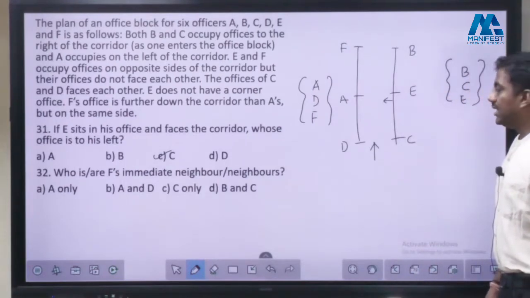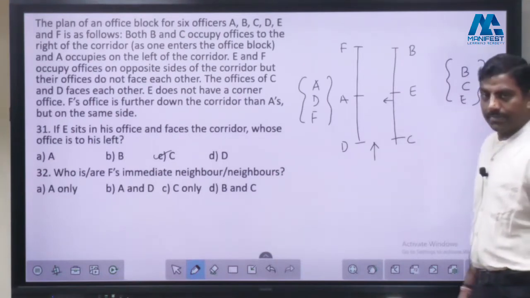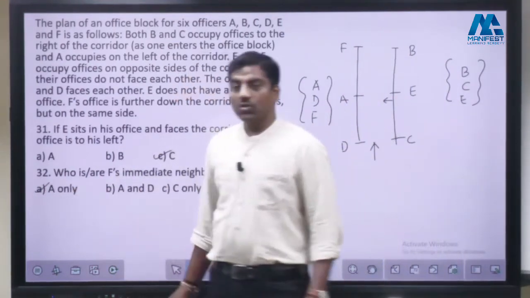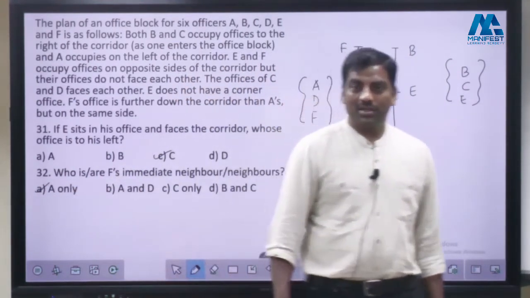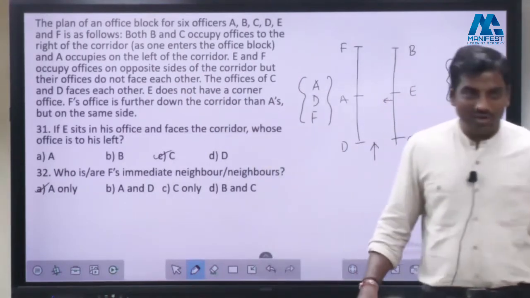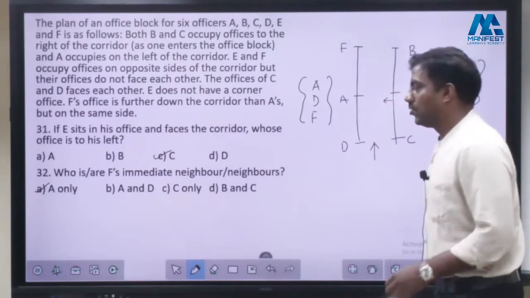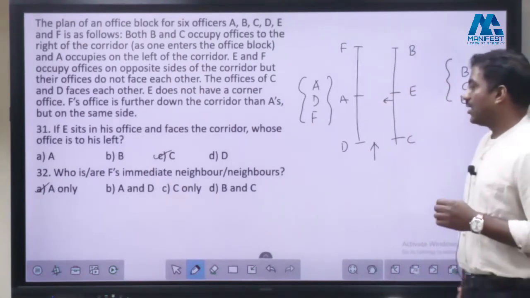Who is or are F's immediate neighbors? Only A? Don't go to the whole mohalla, okay? They are also our neighbors, here also our neighbors. Immediate neighbor. Who is the immediate neighbor of F?